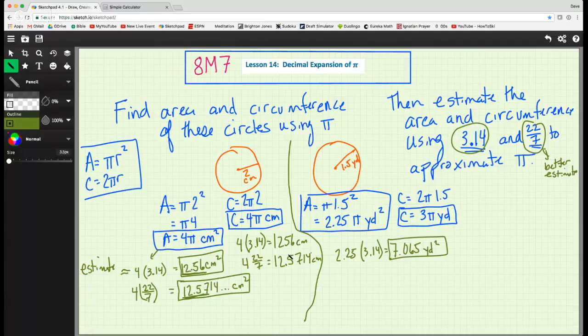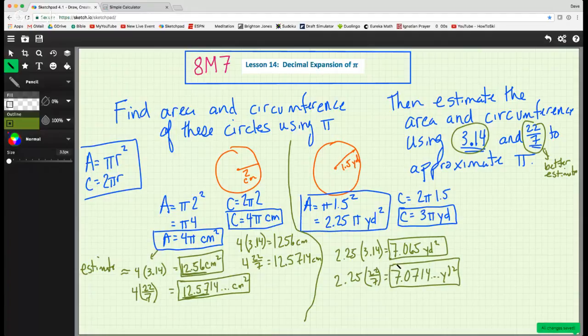And that's an estimate. Again, these are estimates. Or I can get 2.25 times 22 over 7. And let's see what that gives me. 2.25 times 22 divided by 7 equals 7.0714 yards squared.